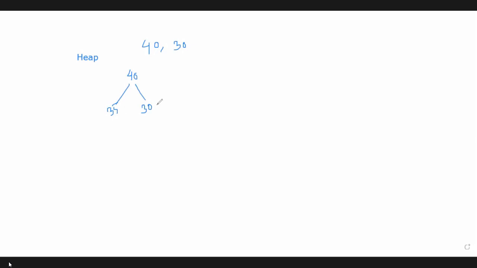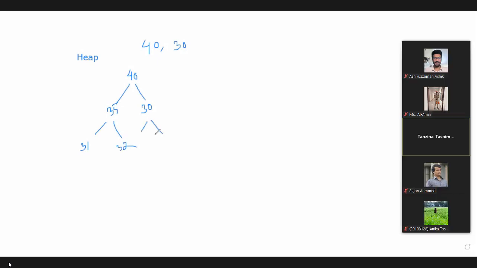That means all the levels except the last level should have 2 to the power L number of nodes. So I'm taking another level, and if 35 is the node, and its child values are 31 and 32, and for 30, its children are 27 and 28.